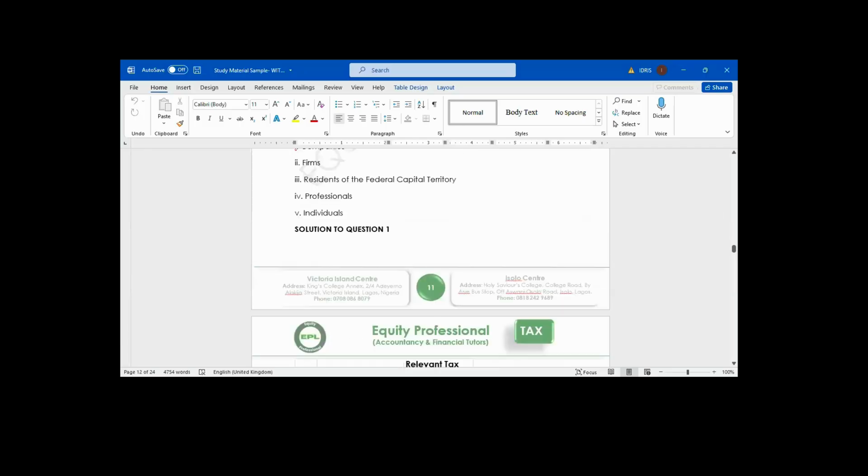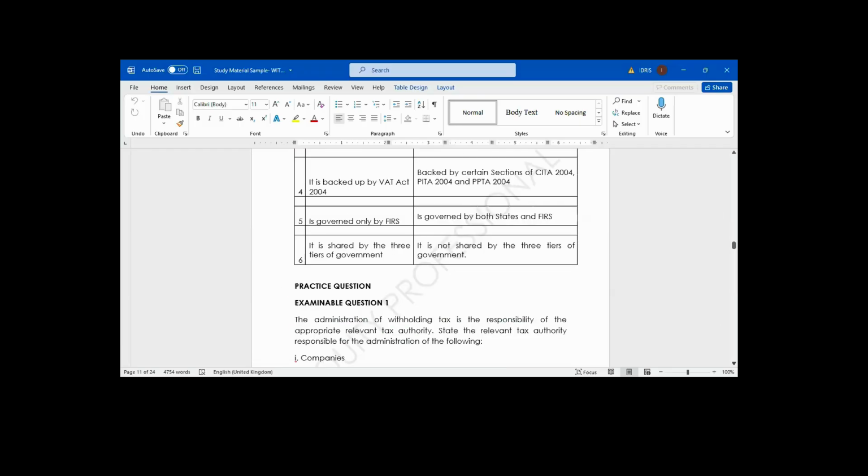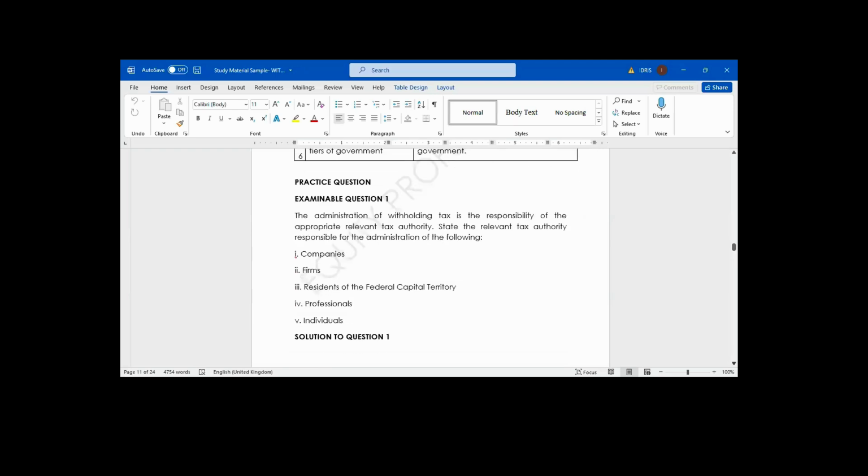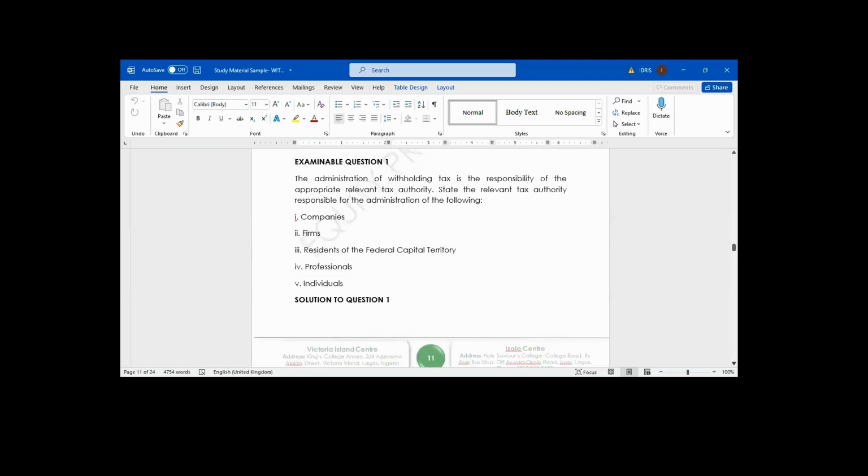Let's look at some questions on withholding tax so that we can close on time. We are almost late already. Question 1 says the administration of withholding tax is the responsibility of the appropriate tax authority. State the relevant tax authority responsible for the following.